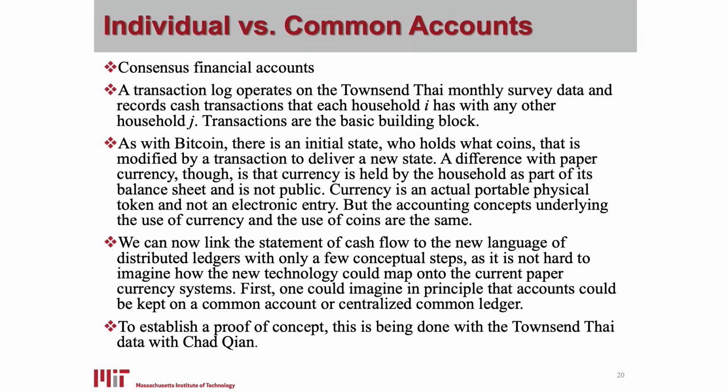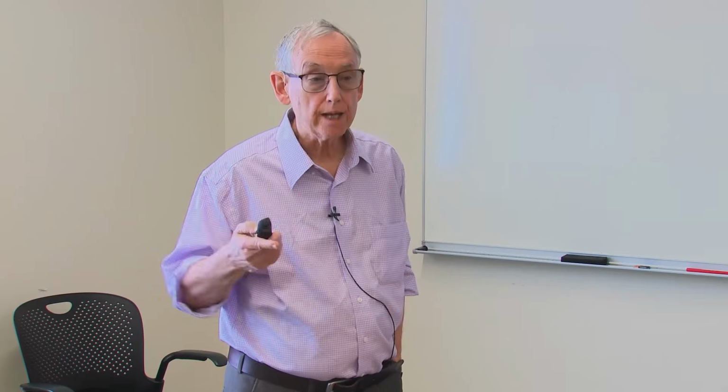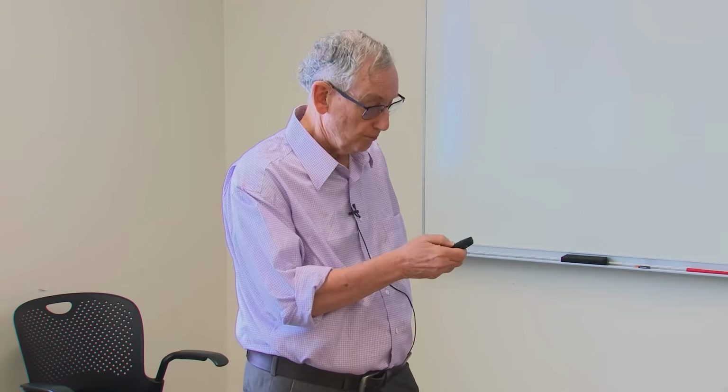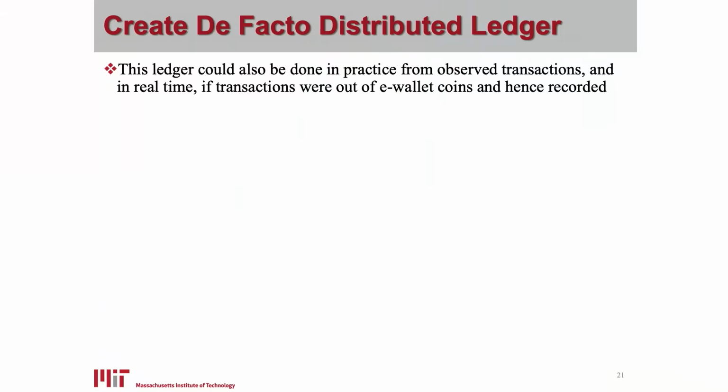So with help, Chad looked at the Townsend Thai data, and we started to create a common distributed ledger. But the data weren't collected with that purpose in mind. So this is like hindsight. We have the observed transactions, and we create a ledger. It could have been a common ledger.